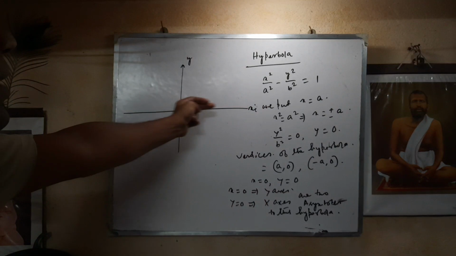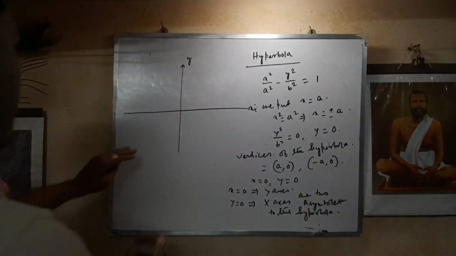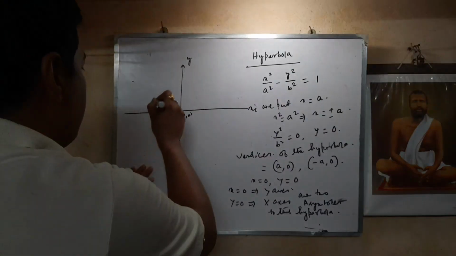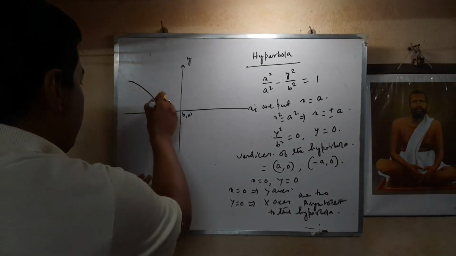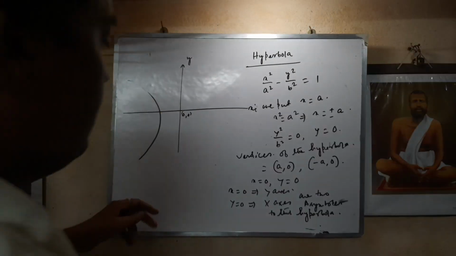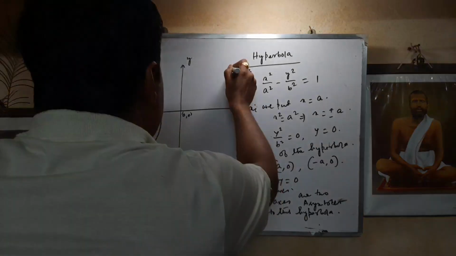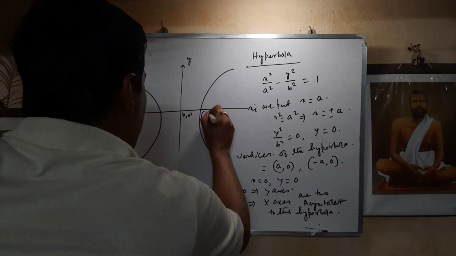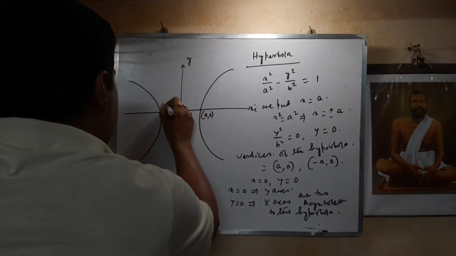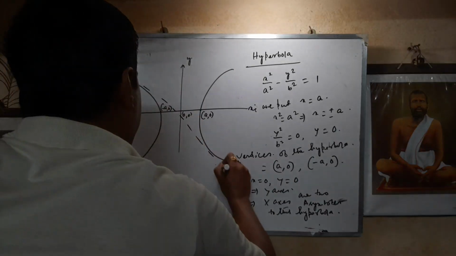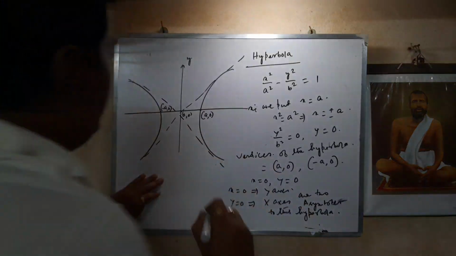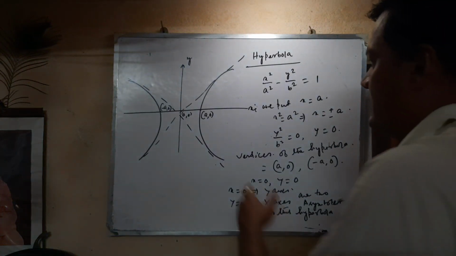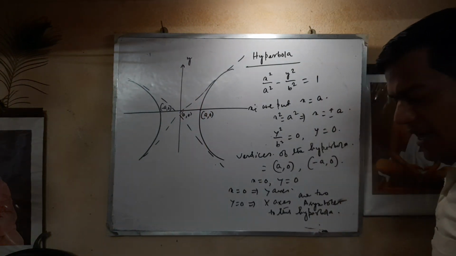This is the x-axis, for y equal to 0. This is the line x equal to 0. It is our origin. This point should be a comma 0, this point should be minus a comma 0. They are the corresponding asymptotes.